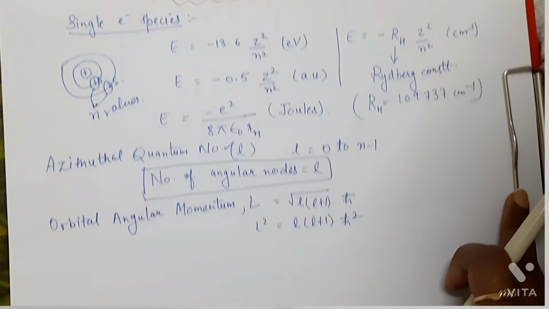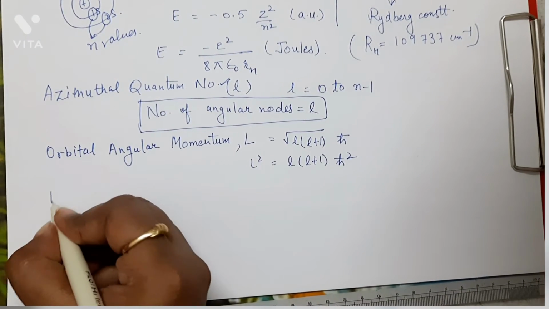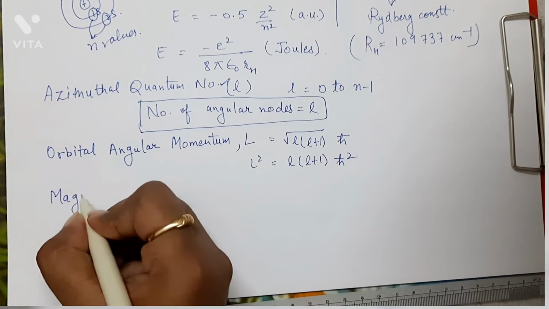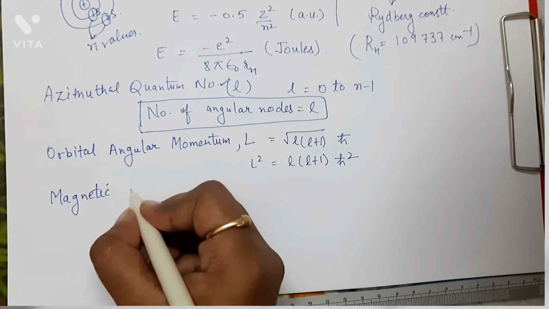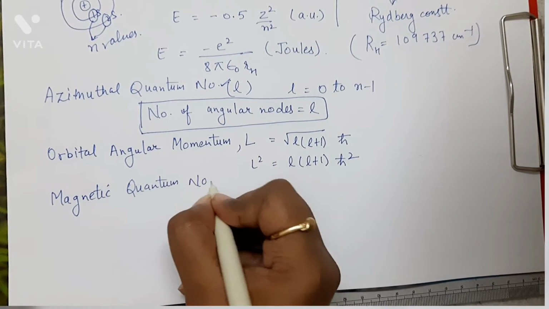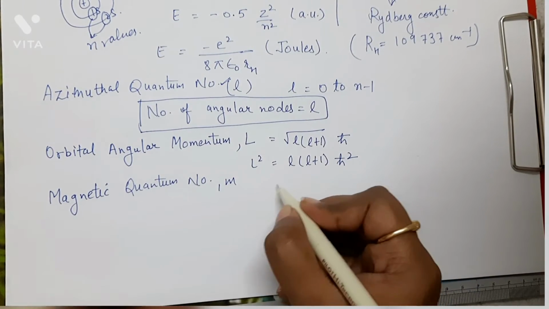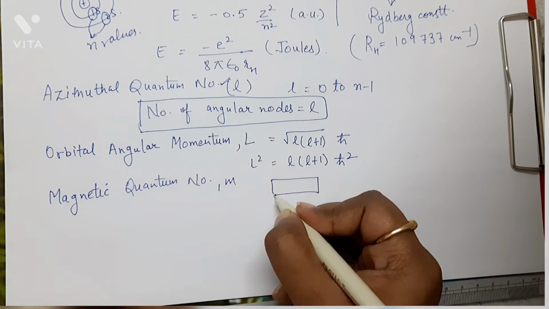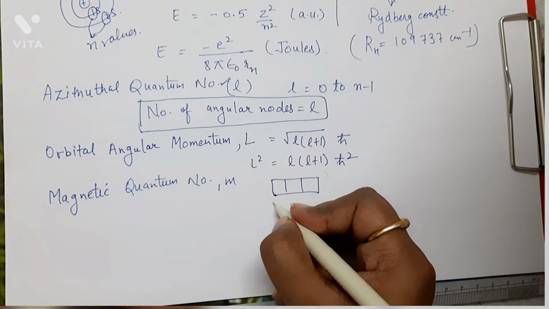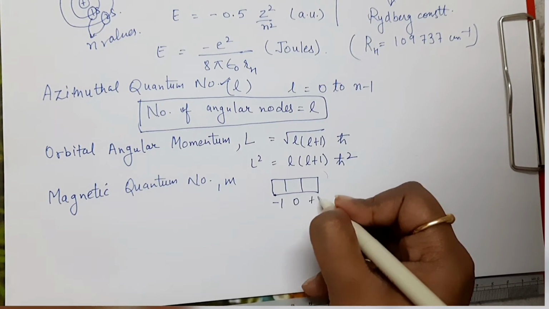After this, we discuss the magnetic quantum number, which we denote as small m. I hope you can remember that in the case of p orbitals, these are the 3 p orbitals, and we used to designate the m values like this: -1, 0, +1.